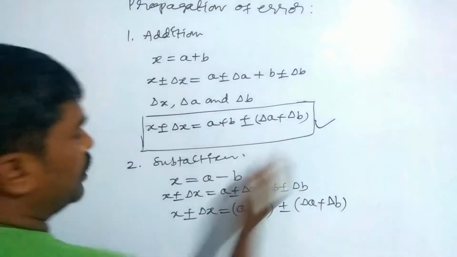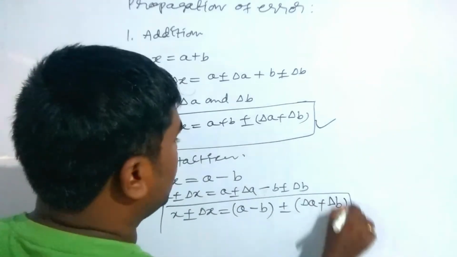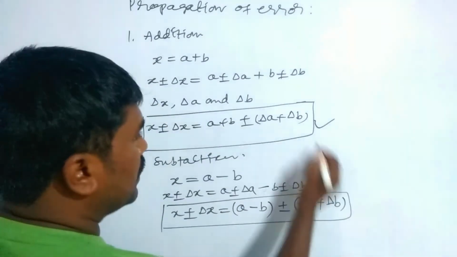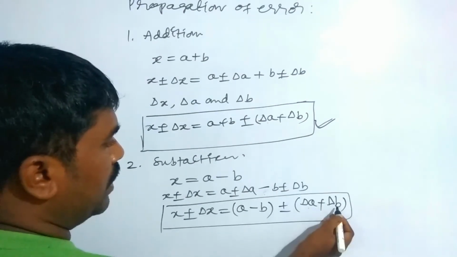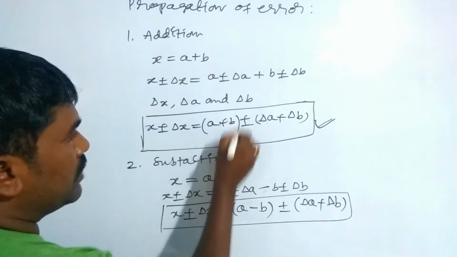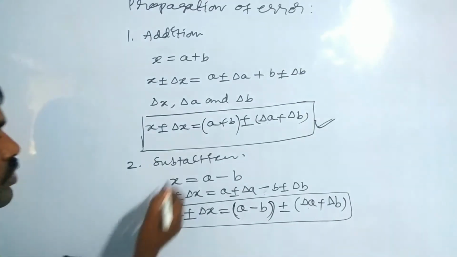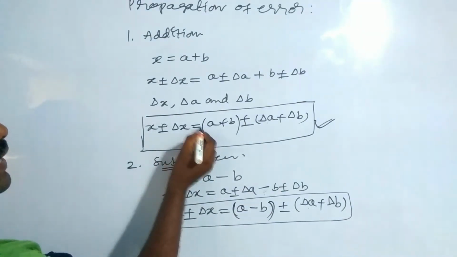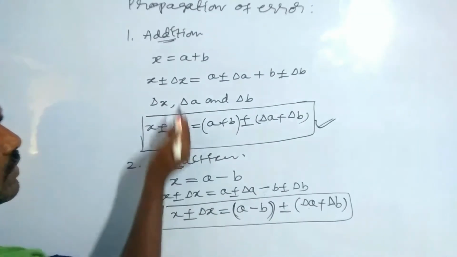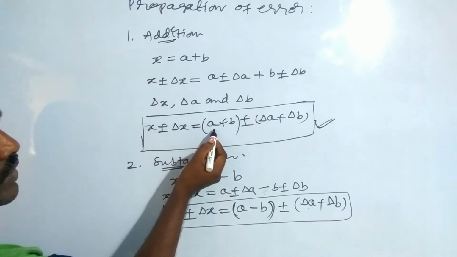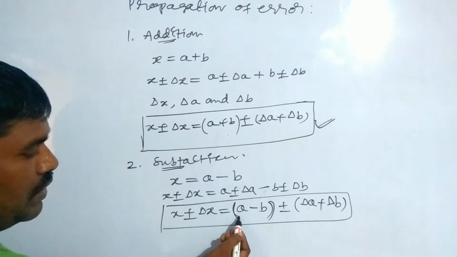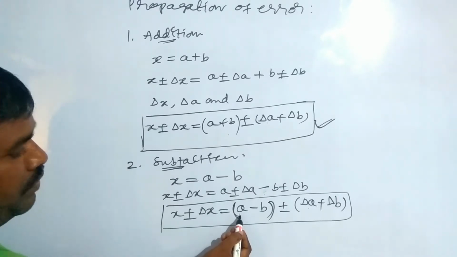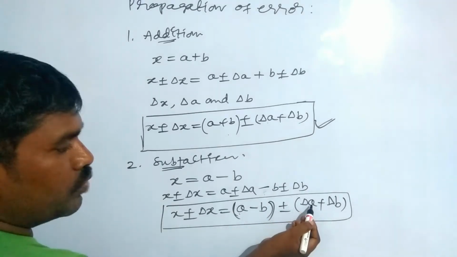From these two cases you need to see that the absolute errors do not change: delta a plus delta b here and delta a plus delta b there, but here it is a plus b and here it is a minus b. In addition the physical quantities are added. In subtraction the physical quantities are subtracted from each other, and the errors are added.